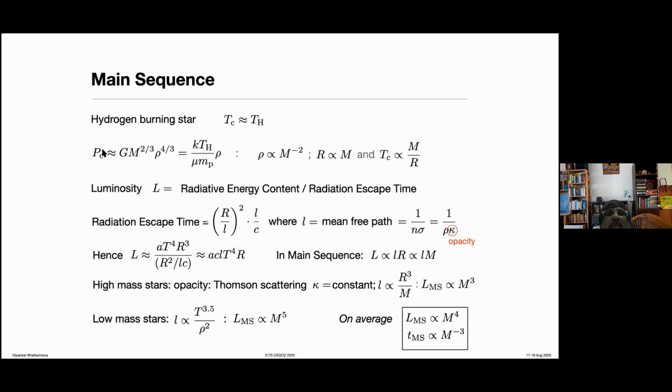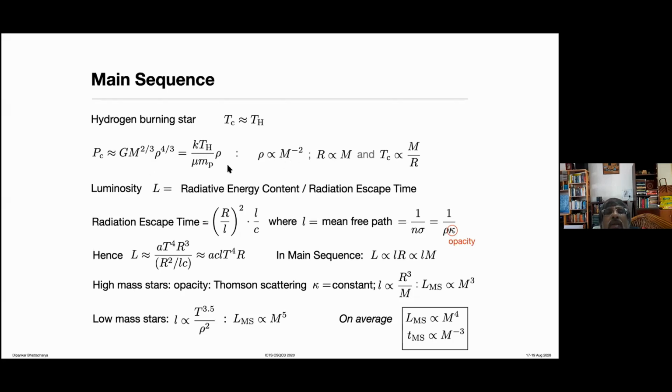So the central pressure then, G m to the power of 2/3 rho to the power of 4/3 is equal to k Th by mu mp times rho. So Th being now a fixed value, which is given by the hydrogen burning temperature, this equation will tell you that the density inside these stars, the central density, is proportional to 1 by m squared.